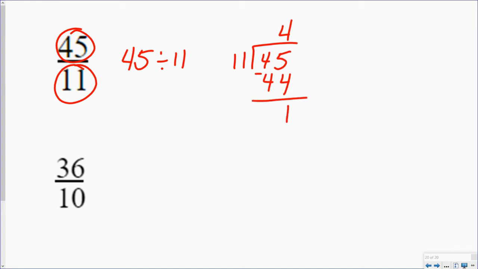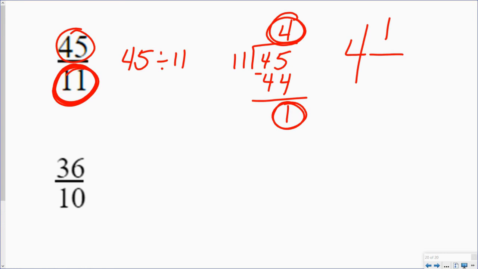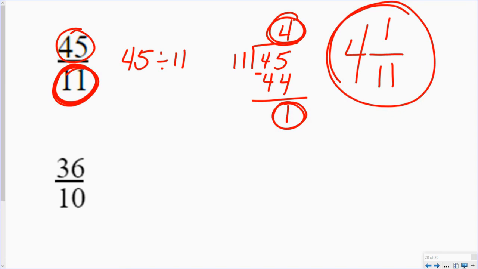That gives me 1 left over. So this is how many times it goes in there evenly, which would be 4. That's my whole number. This is what is left over, so that's my numerator over my original denominator 11. So I have 4 and 1/11. Well, 1 and 11 don't have any numbers that go into them the same amount, so this is my simplified answer.